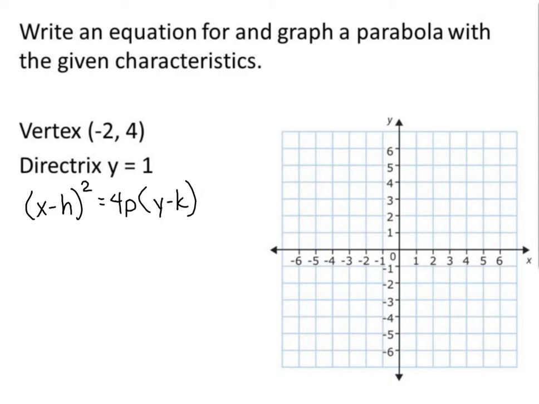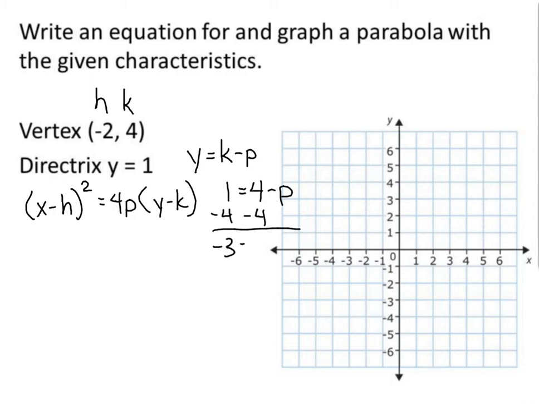We know that our vertex is our h and our k, and we know our directrix is y is equal to k minus p. Since we know our directrix has a value of 1, and we know our k value is 4, to get the p by itself, we are going to subtract 4 from both sides. So -3 is equal to -p, or p is equal to 3.